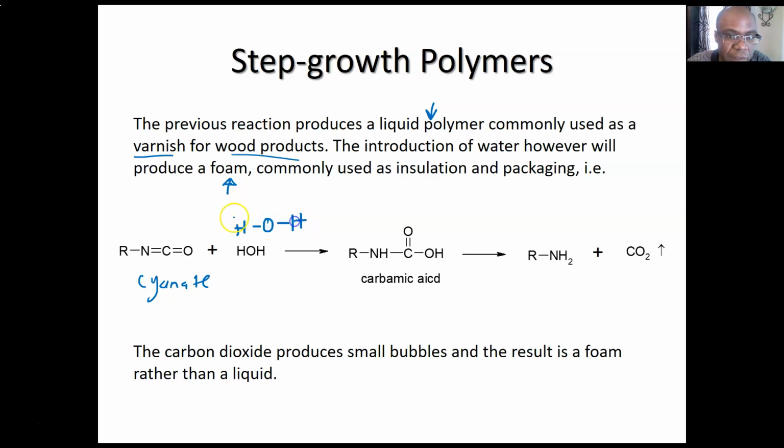So I'll still use the same shortcut where the oxygen will attack the carbon of the cyanate, and this nitrogen will receive the hydrogen of the water, and of course we give back the lone pair that was used up there to this oxygen.